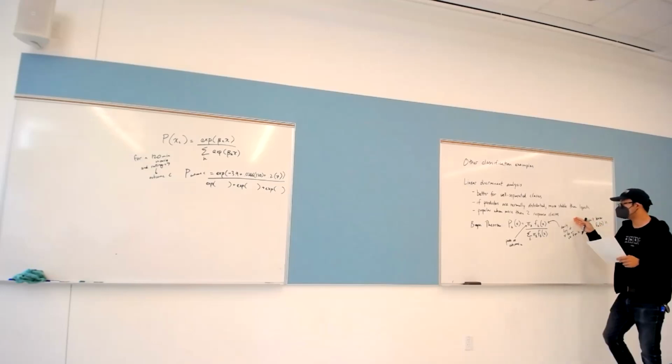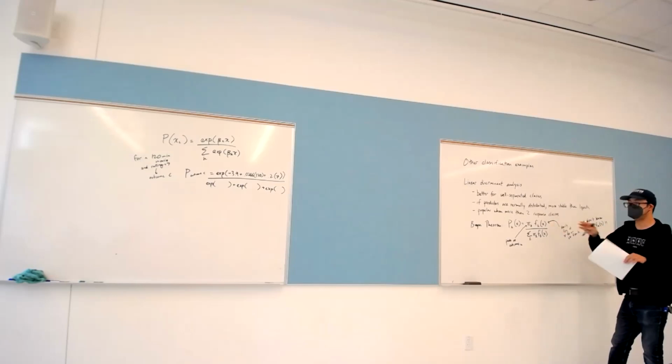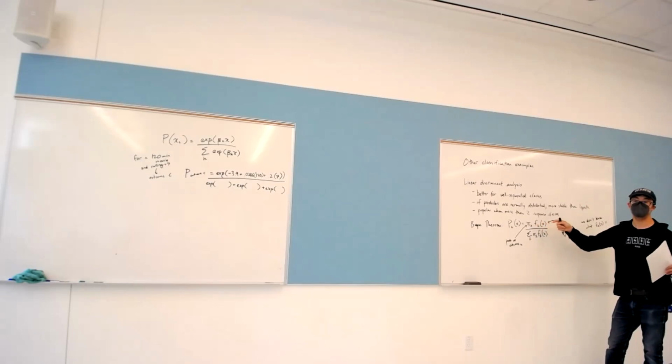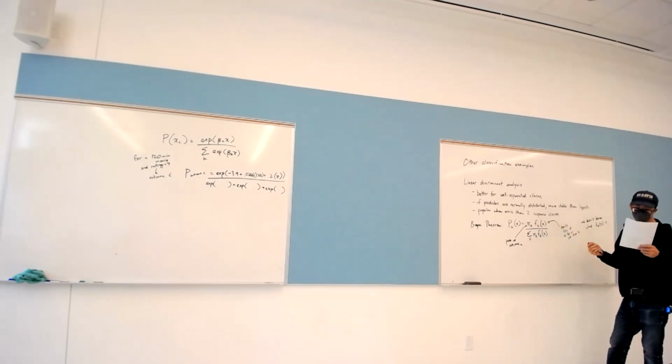We don't know the density function of what x looks like given the k observation.